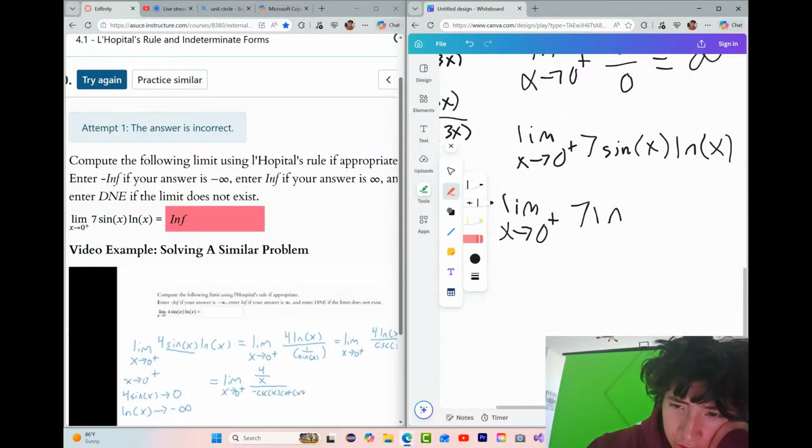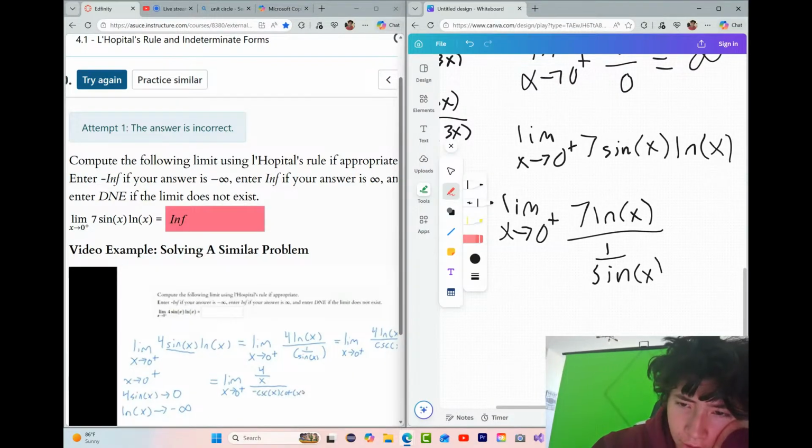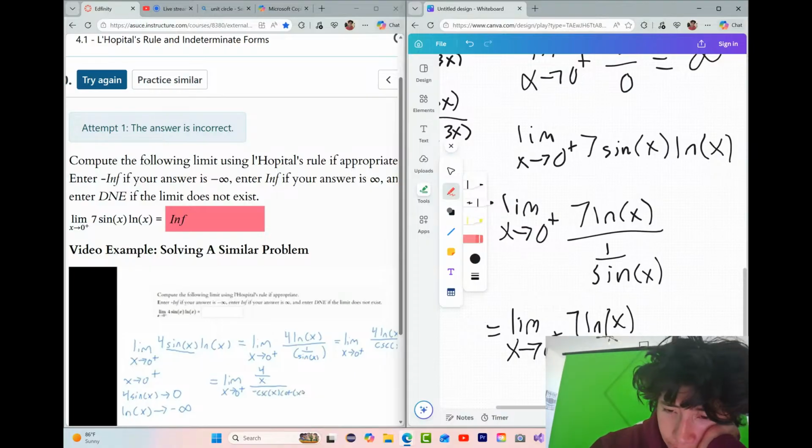We got this. Cosecant, the inverse of sine of x.